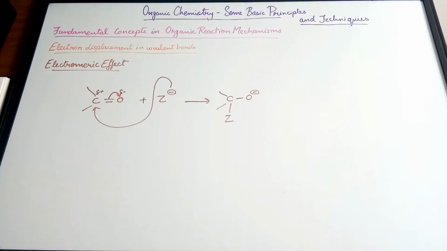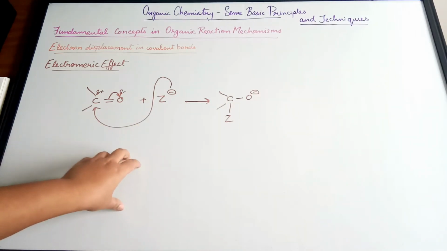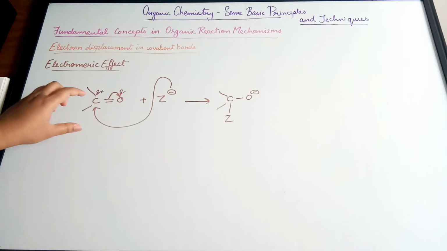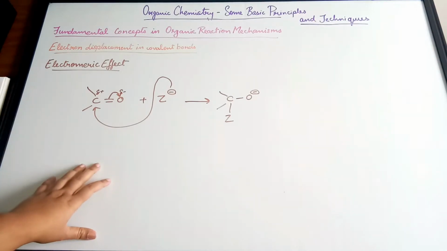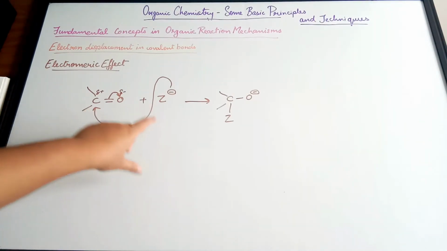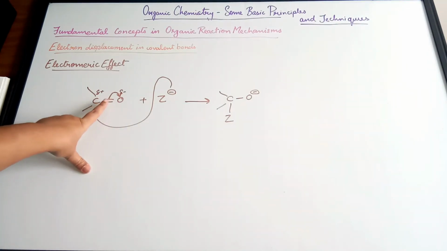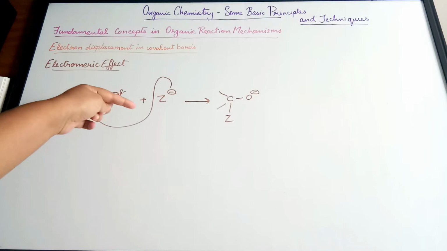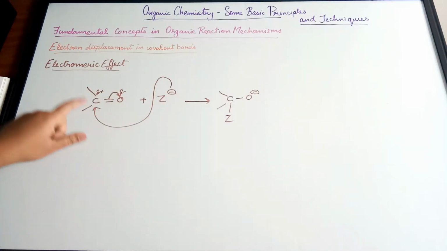So in this effect, electromeric effect is in the presence of another reagent, and the electrons of the double bond are shifting to one of the atoms which is bound by that double bond. So the presence of a negatively charged reagent made sure that the electrons of this double bond move towards the oxygen and the negative reagent bound to the carbon atom.